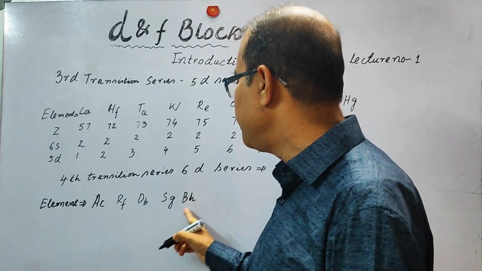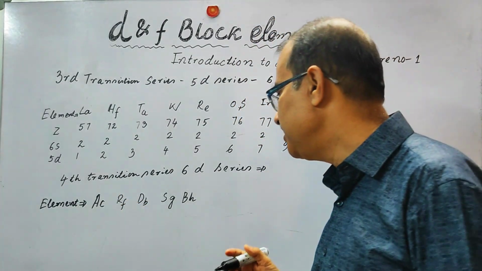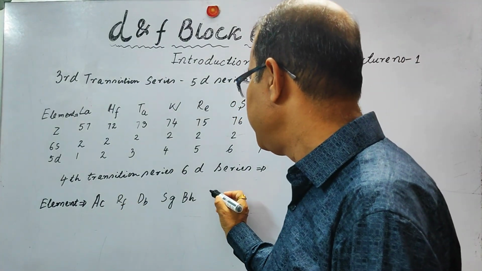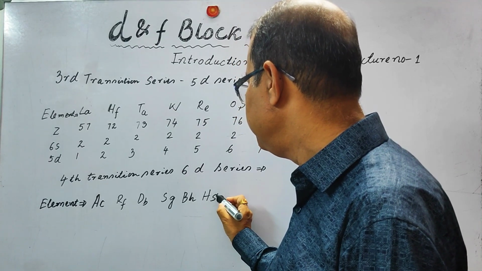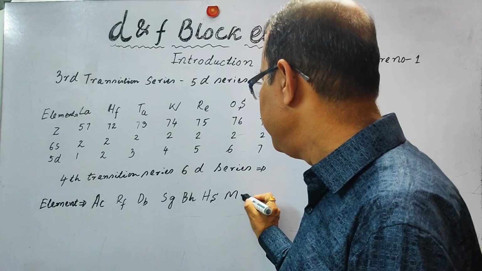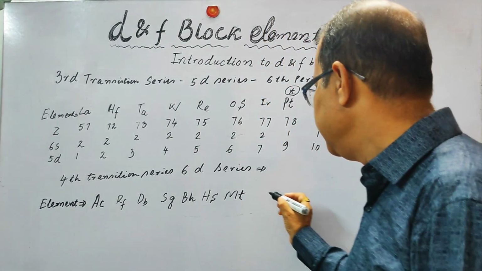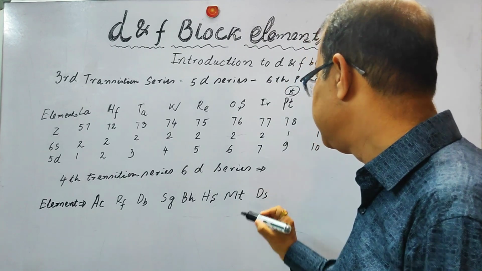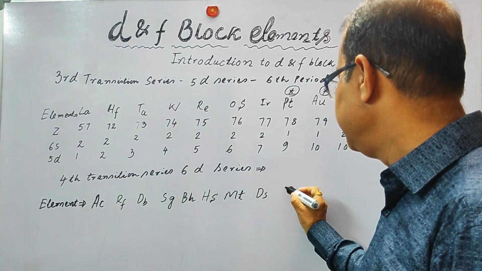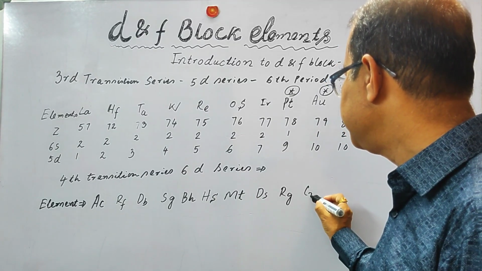All these elements, Bohrium or Rutherfordium, are named after eminent scientists. After this Bohrium, there is Hassium, then Meitnerium, then Ds, then Roentgenium, and Copernicium.